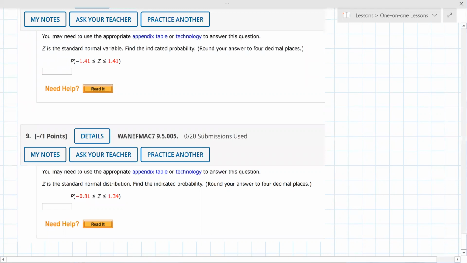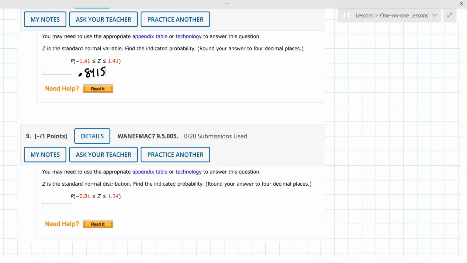While I'm entering that, here are 2 more to try. 0.8415.